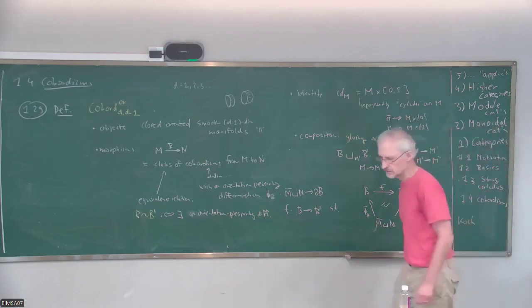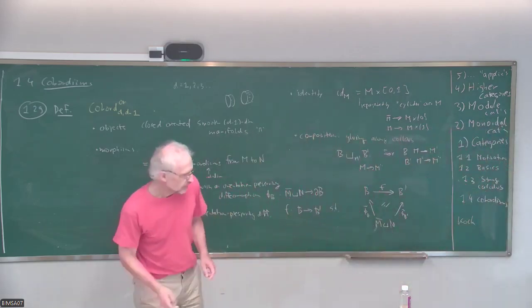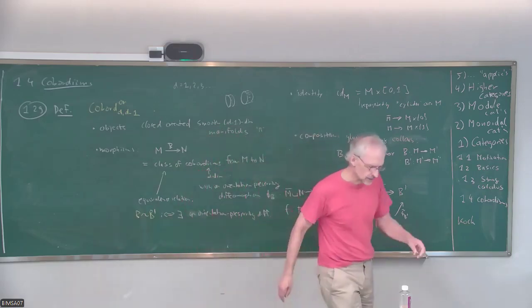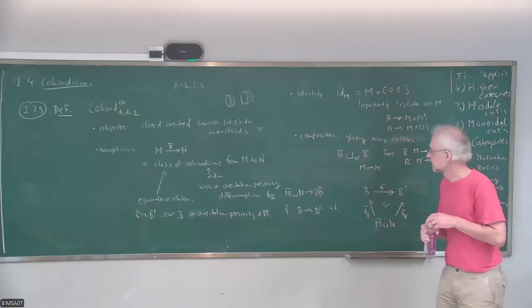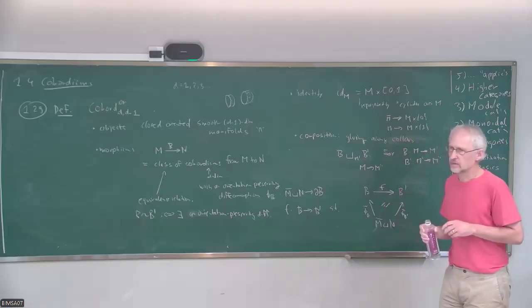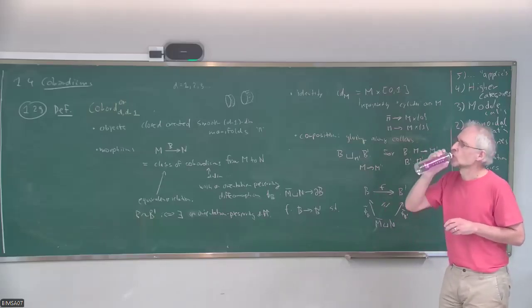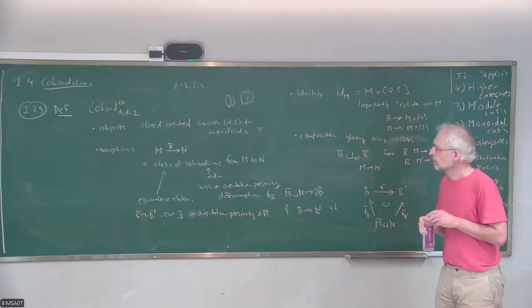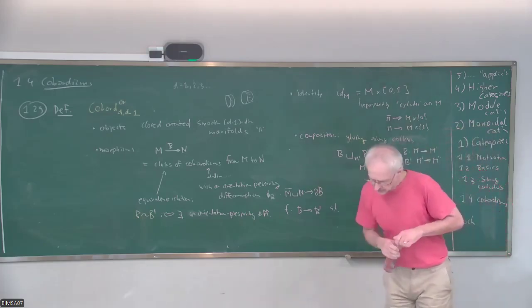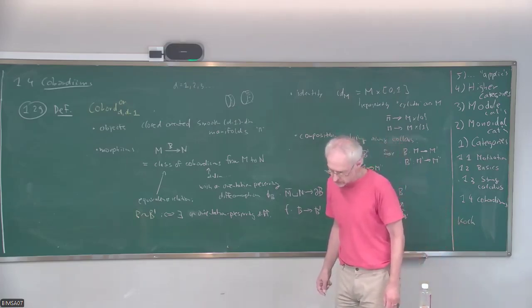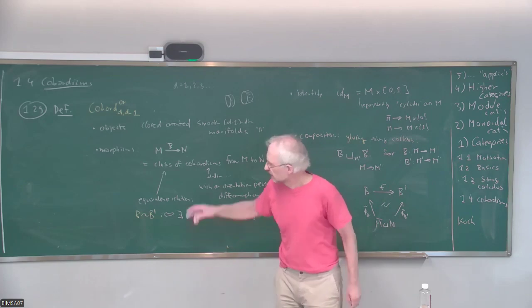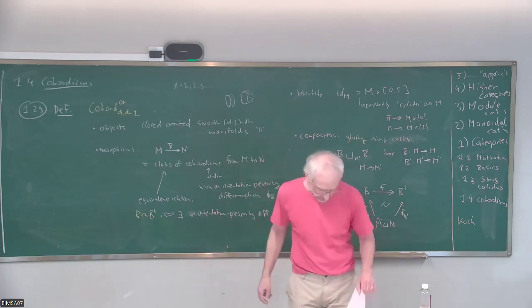And for the higher cases, I cannot give a good reference. Morally, it's the same as in two. Oh, and this is a bit too early to stop, but let's have the break, and then I still have to continue with the program.